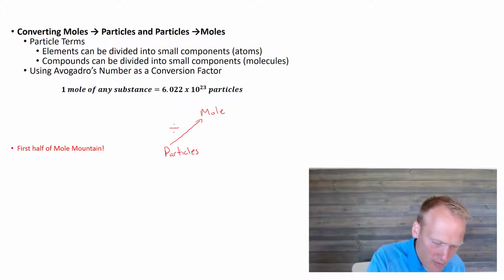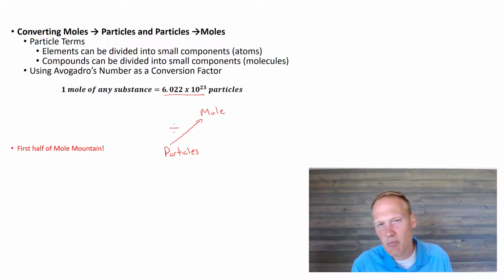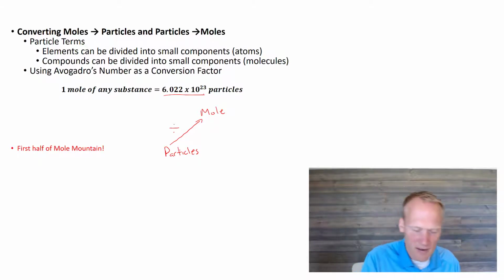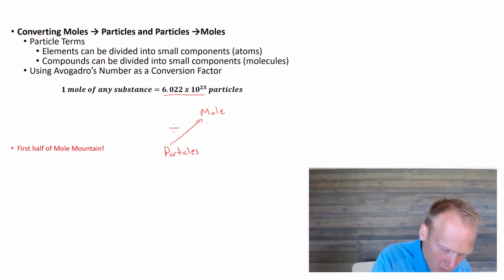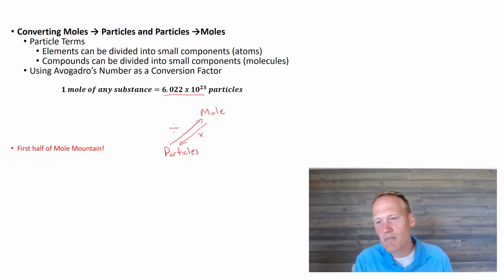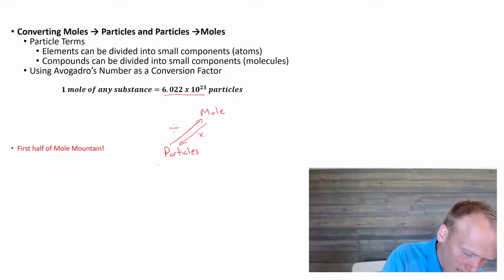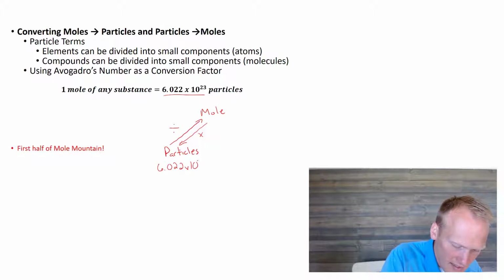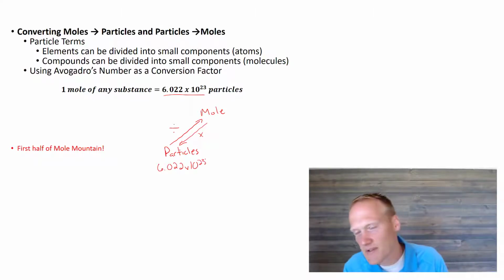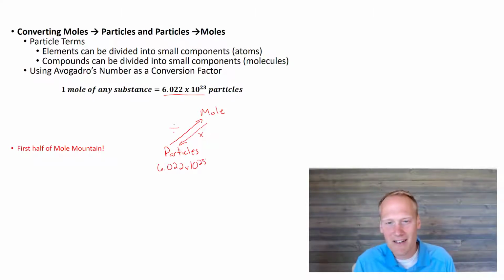So if we're going from particles to moles, we're going to divide by 6.02 times 10 to the 23rd. But if we were going from moles to particles, we're going down the mountain, and therefore we would multiply by that number. Just remember that the particles side of the mountain, and there's another side, is going to deal with Avogadro's number. We'll get to the other side here in a little bit.